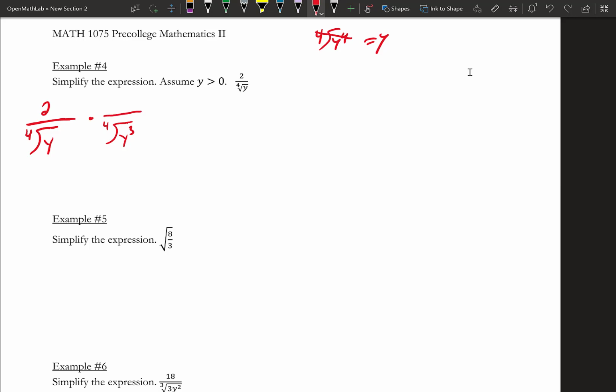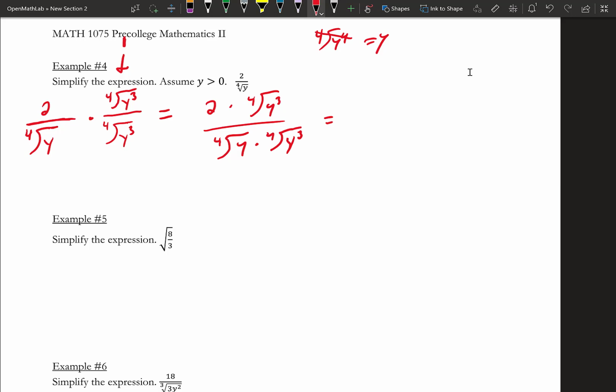And then remember, like when we split up fractions, we multiply the top and bottom by the same value because we want this just to be equivalent to 1, right? So I'm taking my original expression and multiplying by 1 and just changing how it looks. So then what this becomes is 2 times the 4th root of y cubed all over the 4th root of y times the 4th root of y cubed, right?